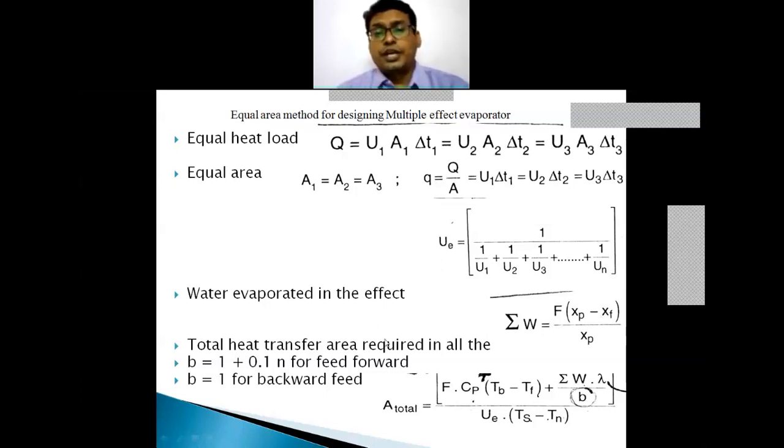So the total heat transfer area required in all the effects will be calculated using this: F·CP·ΔT plus summation of W into lambda upon UE, the effective overall heat transfer coefficient, into B(Ts minus Tn), where B is equal to 1 plus 0.1N for the feed forward and B equals 1 for the feed backward arrangement.